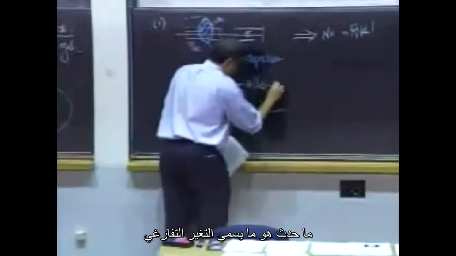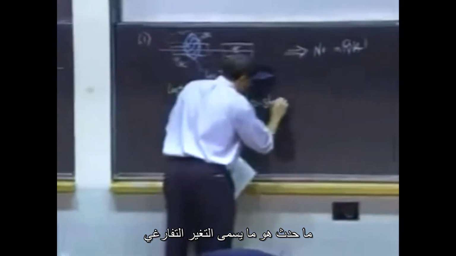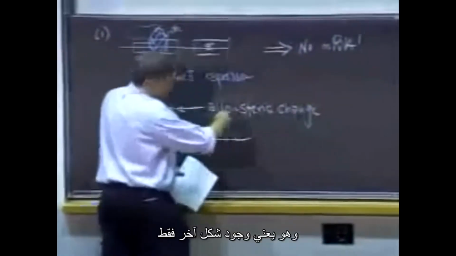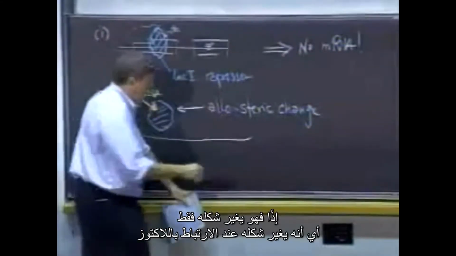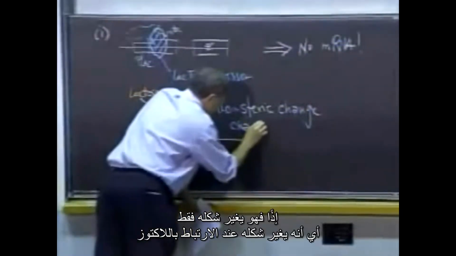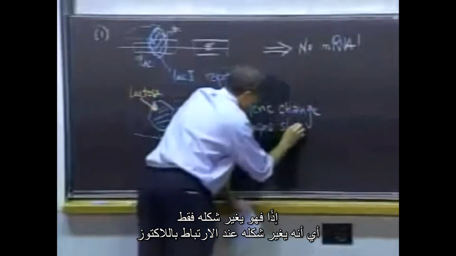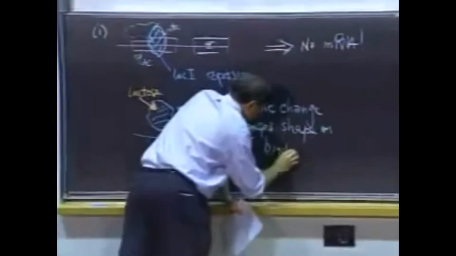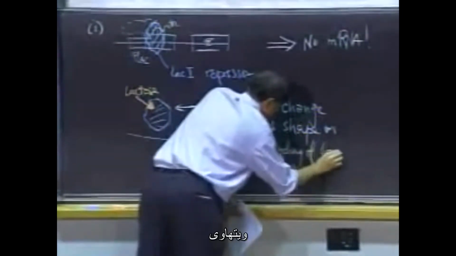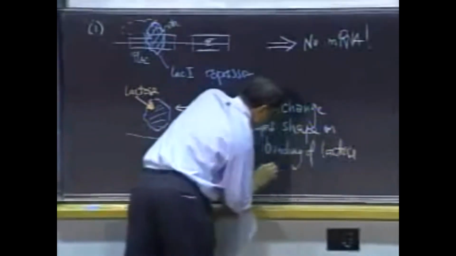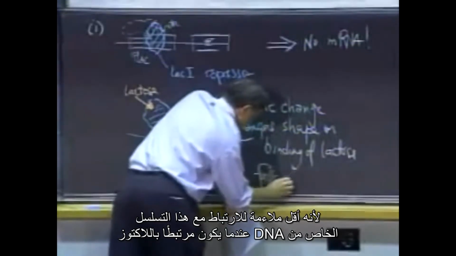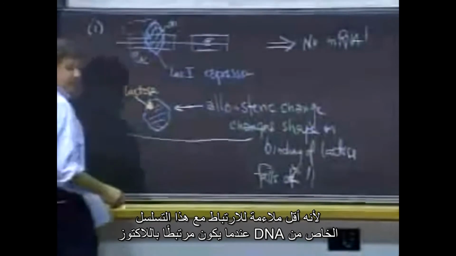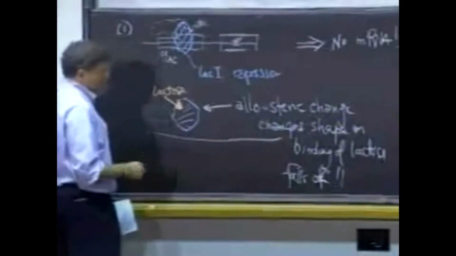What happens is what's called an allosteric change. It just means other shape. So it just changes its shape on binding of lactose, and falls off because it's less suitable for binding this particular DNA sequence when it's bound to lactose there.